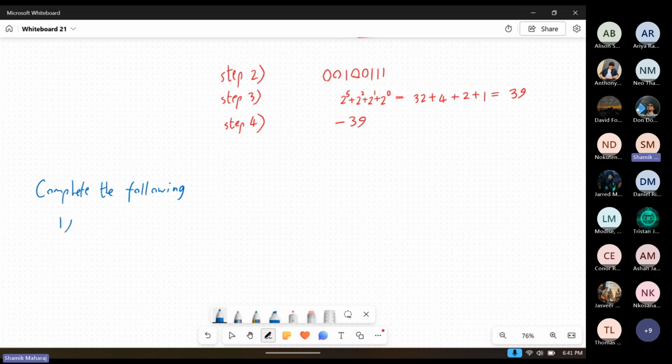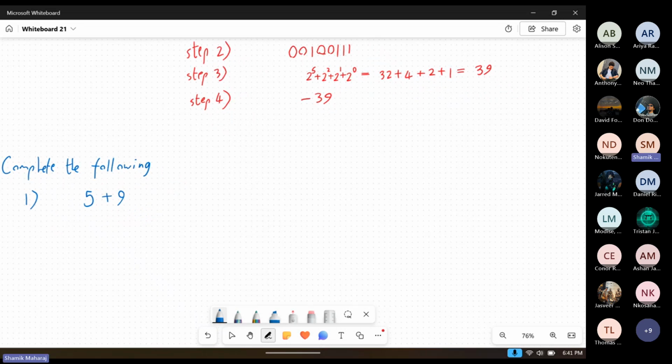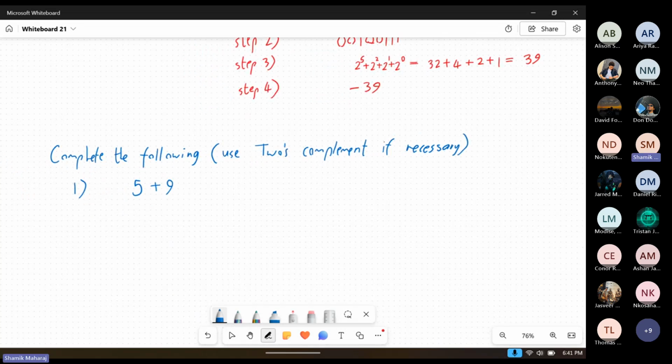Let's say one will be, think of a nice number, something like 5 plus 9. Maybe I should say complete the following, use 2's complement if necessary. All right, so 1 will be 5 plus 9.